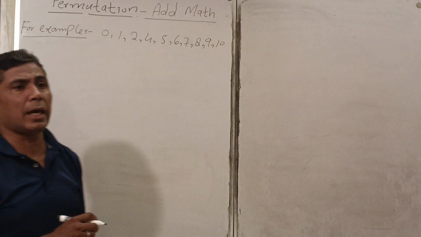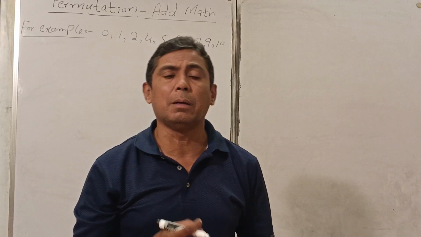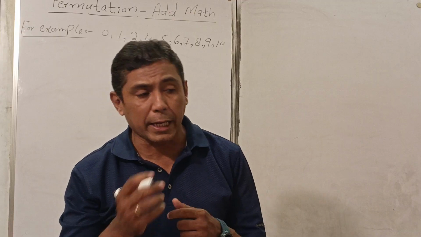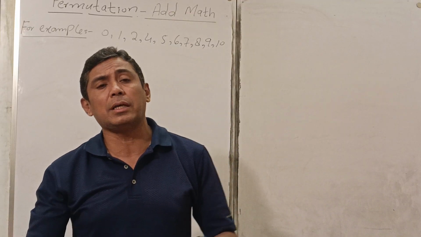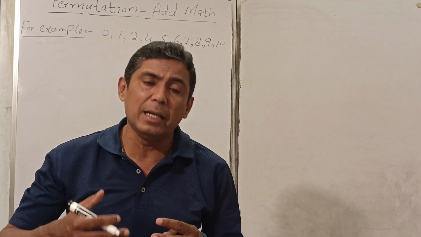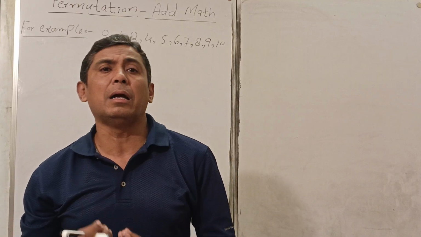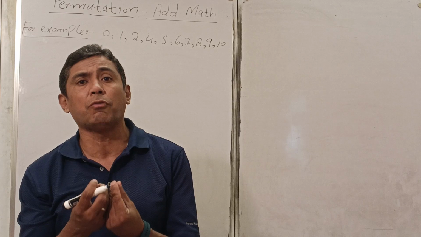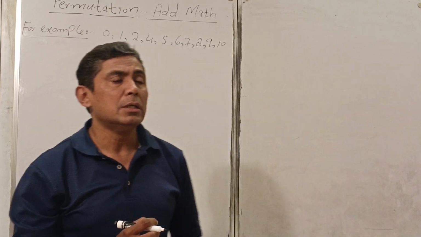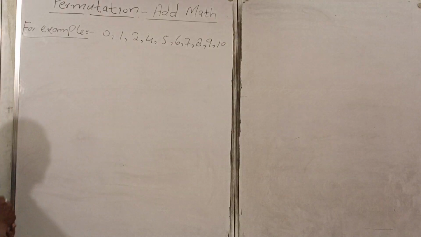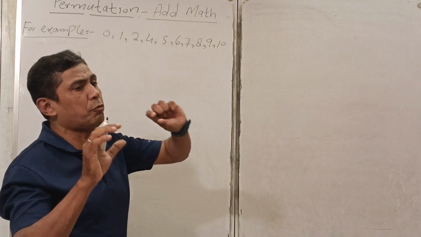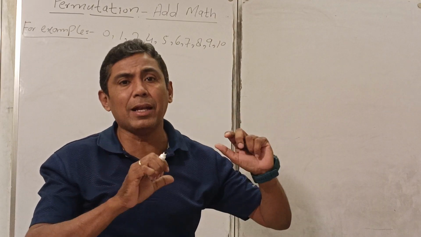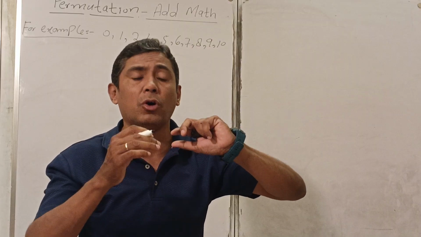The examiner tests these kinds of questions in your final exams: make a number of combinations which are divisible by 5, or divisible by 3, and so on. So first of all, you should know which ones are odd numbers in this series, which are even numbers, and which are divisible by 5 or 10.